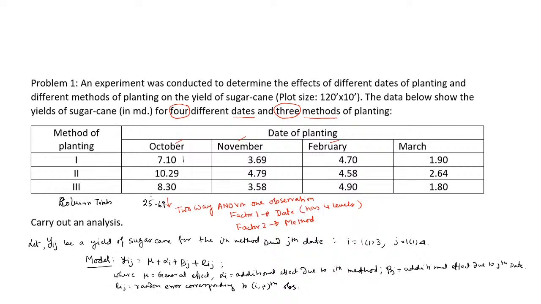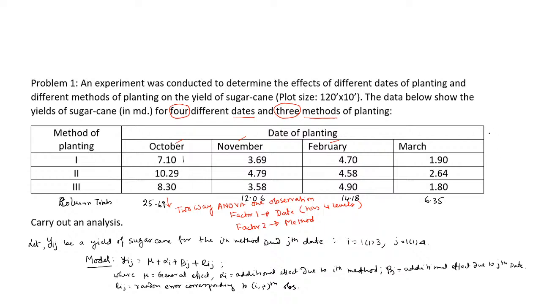The sum of these three values gives 25.69. This one is 12.06. Paulumi, Korobi, Anushka, Paulumi, please tell me these are correct or not. This is 14.18. This is 6.35. If these are correct, please tell me.